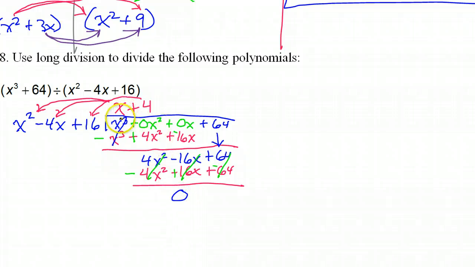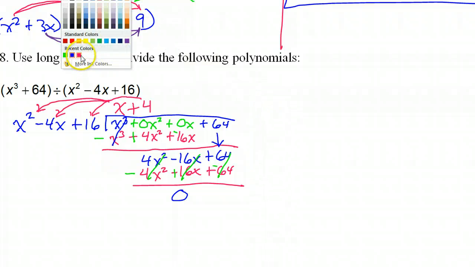Okay, in other words, this trinomial divides evenly into this binomial. Okay, so the answer, the quotient, is simply x plus 4.